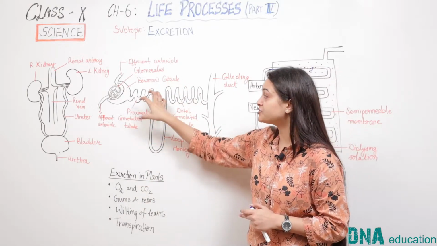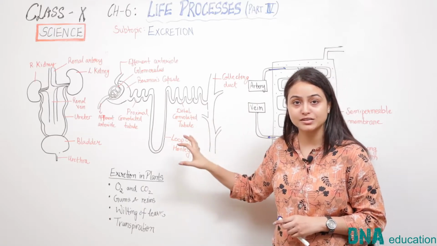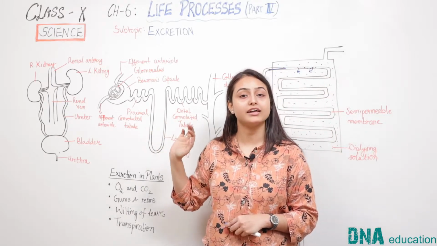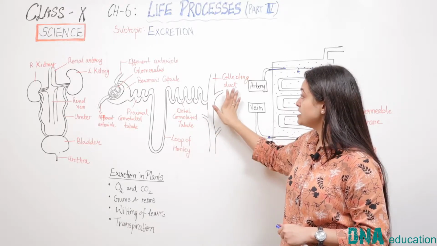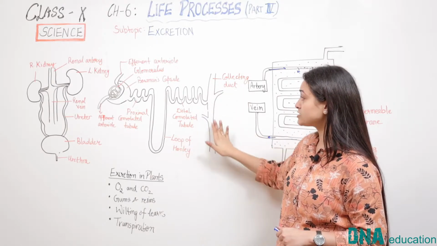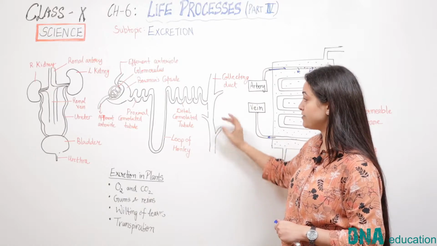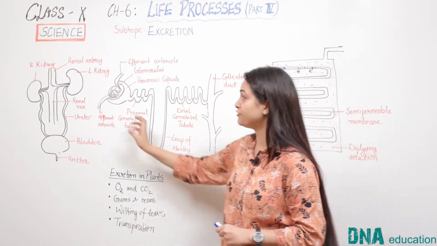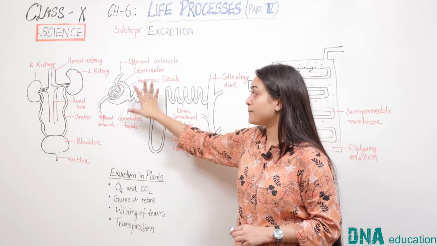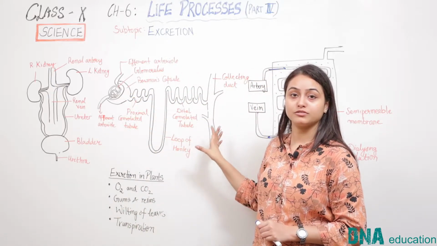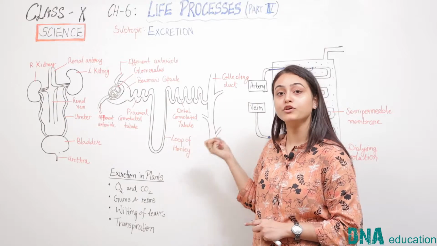Now, the concentrated filtrate containing waste substances like urea and other nitrogenous substances passes into a collecting duct. Several ducts join into a collecting duct and they drain the urine formed into the ureters. So in this way, a nephron filters the blood to form urine.